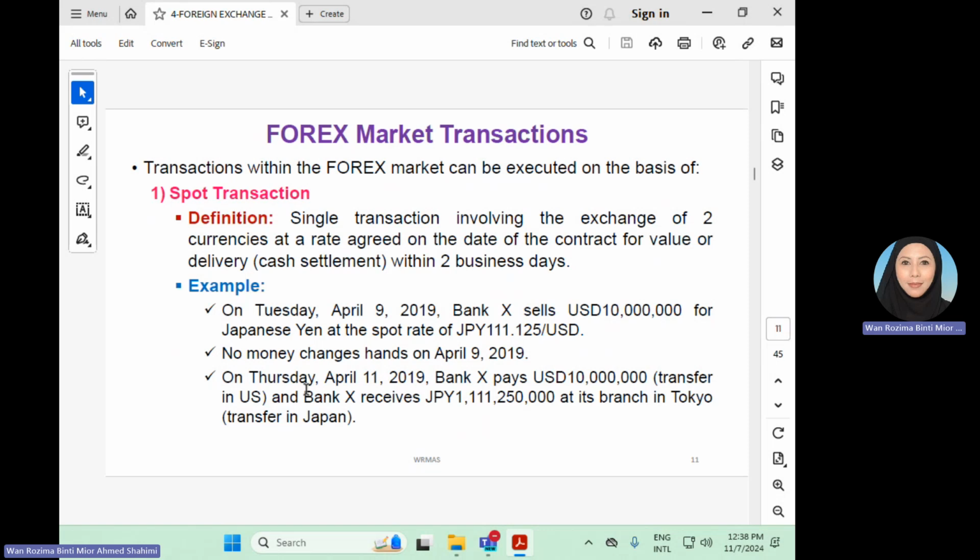So meaning to say, under spot transaction, I'll write it down. Okay, so bank X.